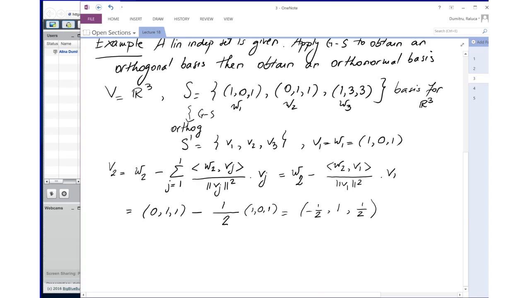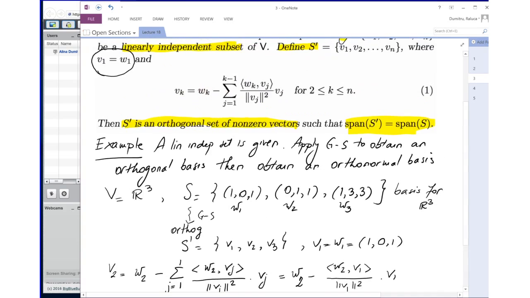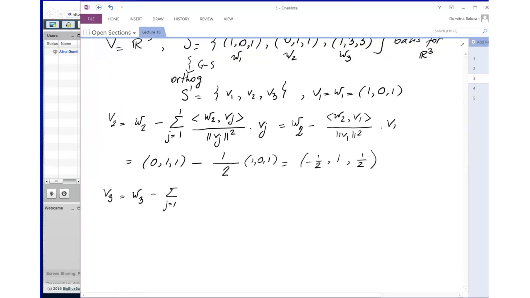Okay, move on. V3. V3 is W3 minus the sum. Now k is 3, so the sum goes from 1 to k minus 1. So it's the sum from 1 to 2 of the inner product of W3 with Vj, all over the norm of Vj squared, times Vj.